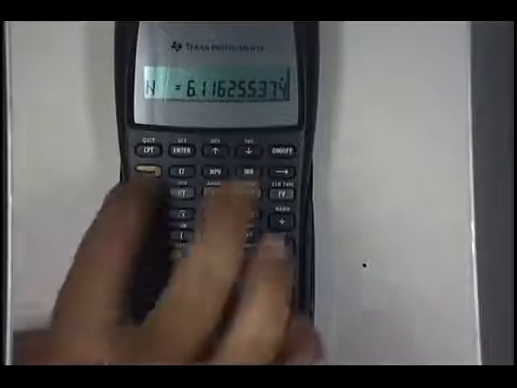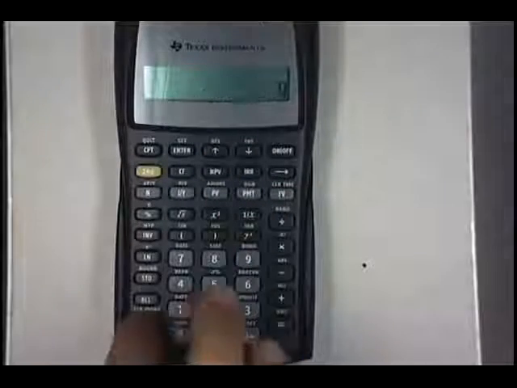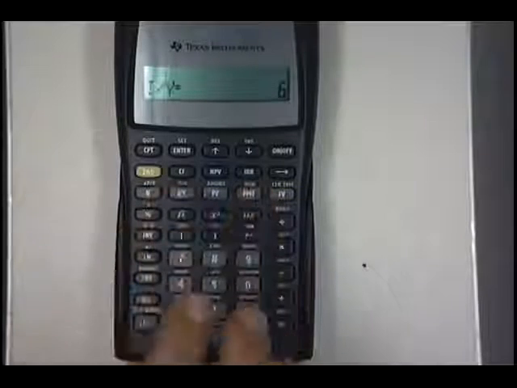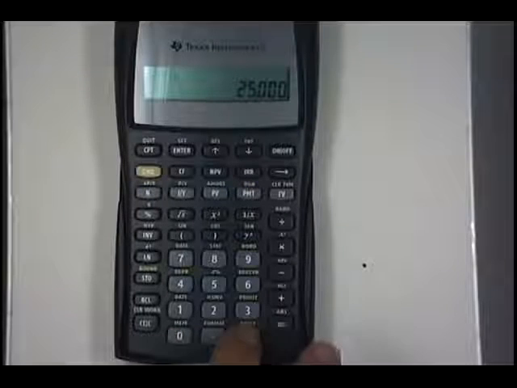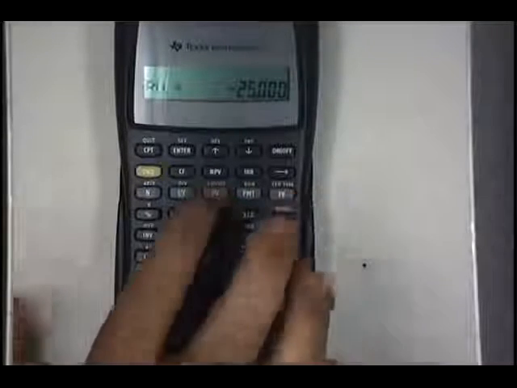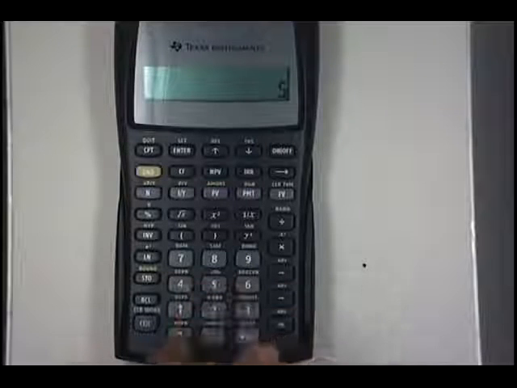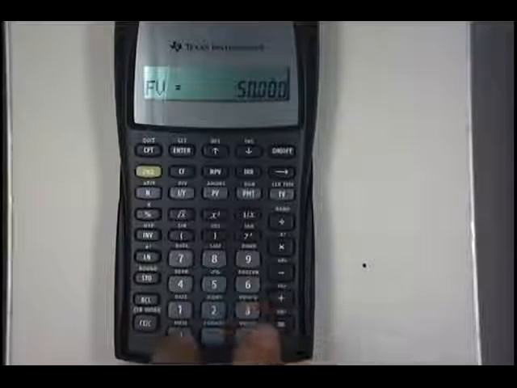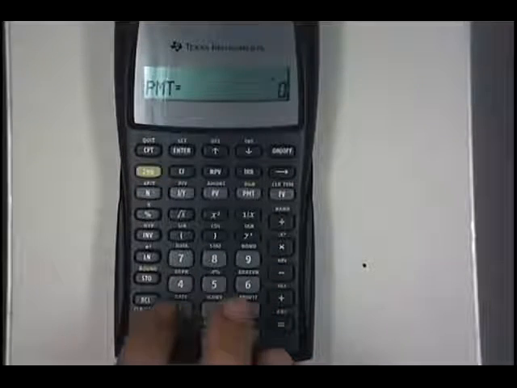Put those numbers into the calculator. Clear time value of money. Erase the numbers. 6% interest. $25,000 is a negative present value, and my future value is $50,000. I can put my 0 payment in there.